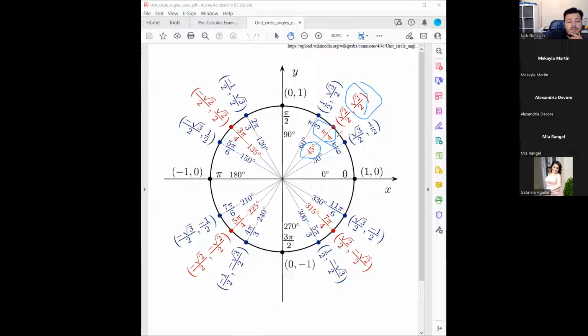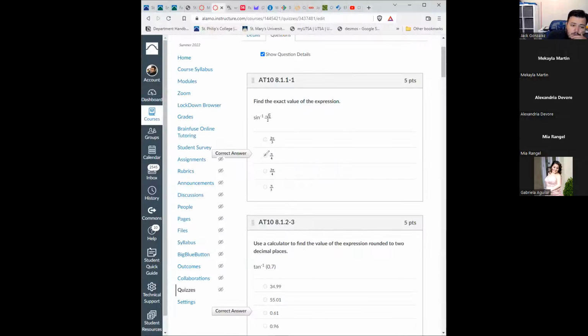It will not give you the other solution, which is technically over here. There are two locations, but the inverse function will only give you values on this side for sine inverse. So that's all you really need to remember, more the concept. We should know it's going to be B.